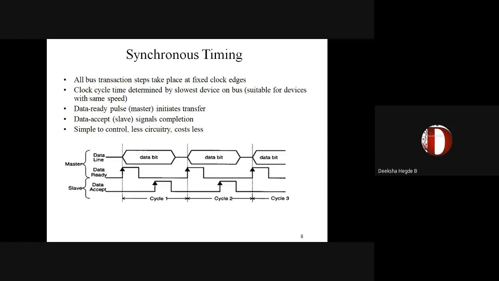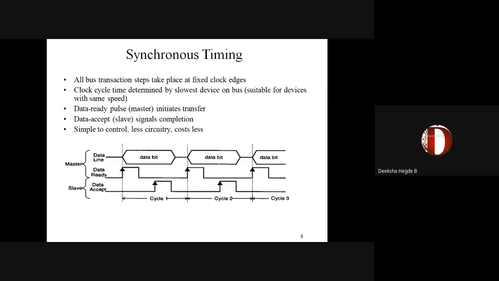The clock cycle time is determined by the slowest device on the bus. This diagram shows equal, fixed-length clock signals. All the transactions take place in a synchronous way.